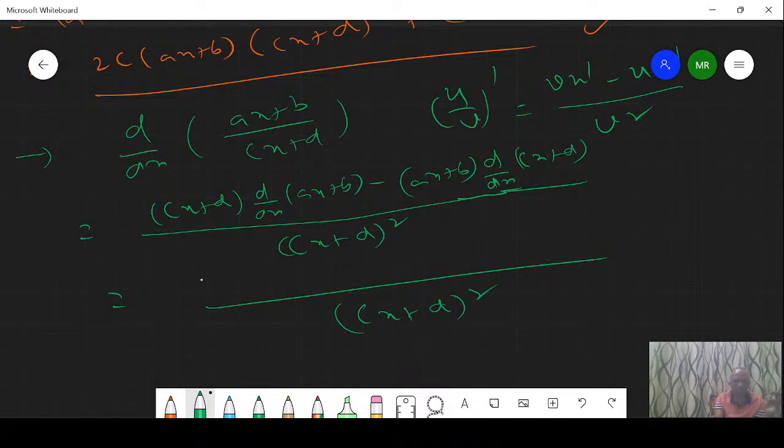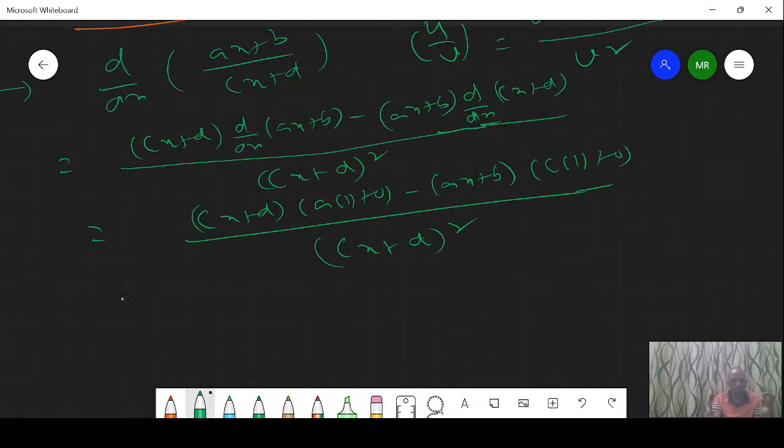In the numerator, (cx plus d) into the derivative of (ax plus b), which is a into 1 plus constant 0, minus (ax plus b) into the derivative of (cx plus d), which is c into 1 plus constant 0. Now simplify: multiplying, you get acx plus ad, minus acx minus bc, by (cx plus d) whole square.